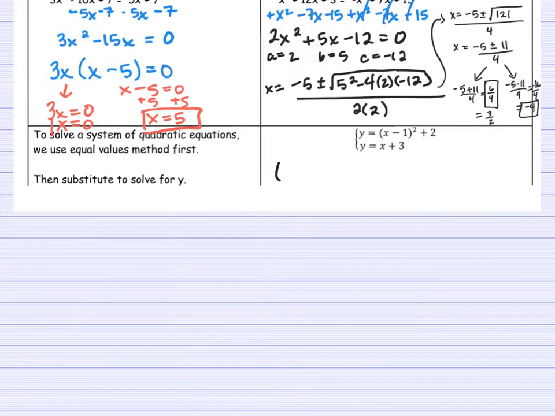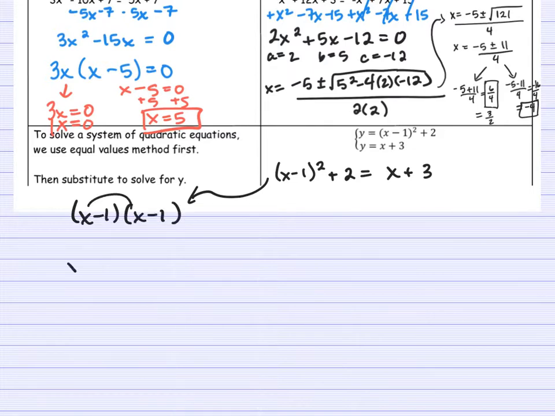So what I have is x minus 1 squared plus 2 equals x plus 3. With the parentheses here, I have to multiply that out so I can combine things. So when I multiply that out, I'm going to swing this over here. Remember, this is x minus 1 times x minus 1. So I have x squared minus 1x minus 1x plus 1.